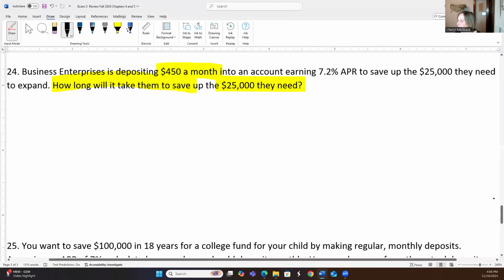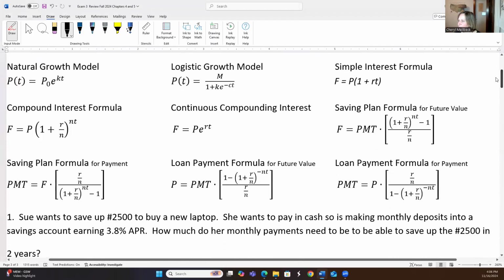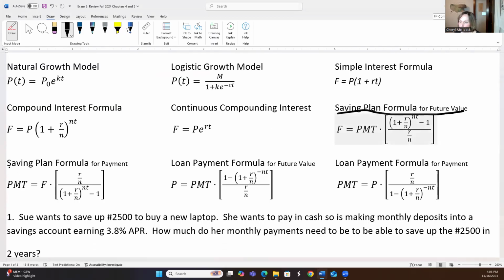So if we go back and look at our formulas, we're either looking at the savings plan formula for future value, or the savings plan formula for payment. The way we know that we're looking at one of those is because they are making payments. They're not just making one lump sum like we did in the last question.